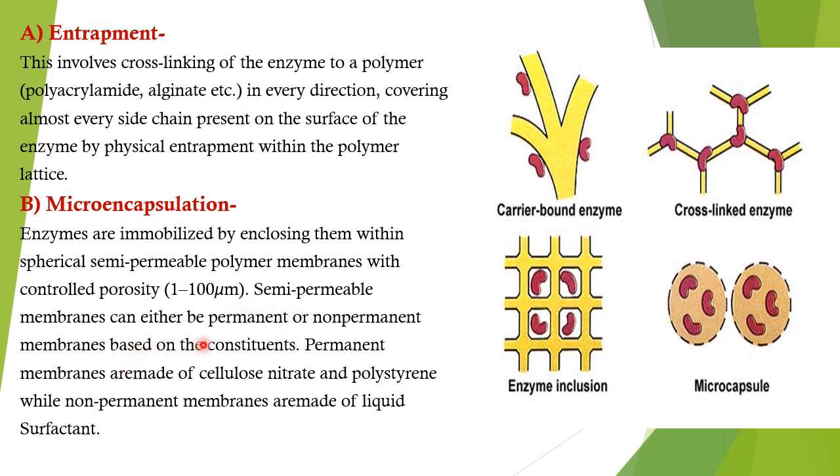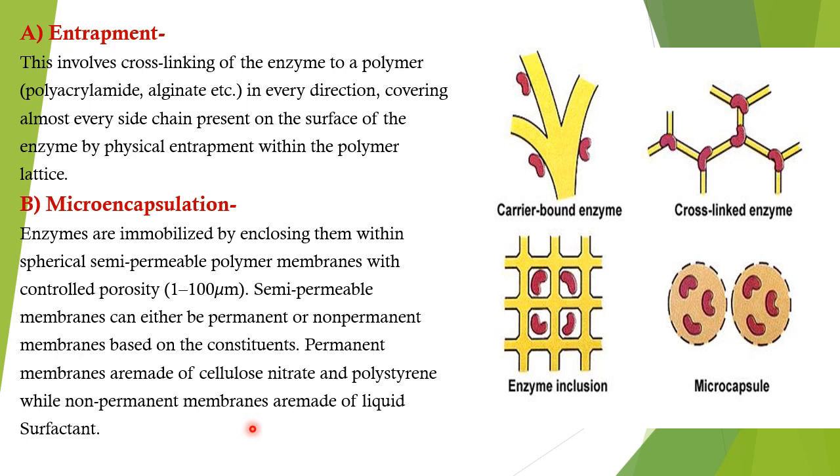Semi-permeable membranes can either be permanent or non-permanent, based on the constituent we are trying to encapsulate. Permanent membranes are made of cellulose nitrate and polystyrene, while the non-permanent membranes are made of liquid surfactants.